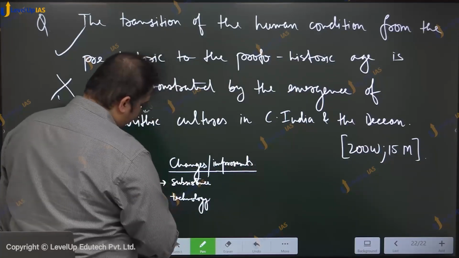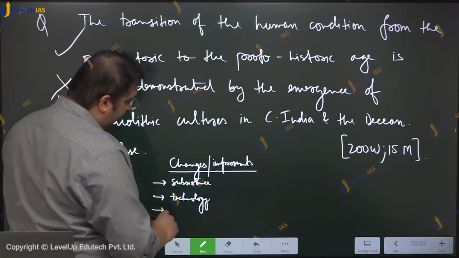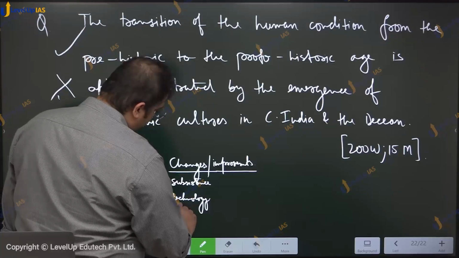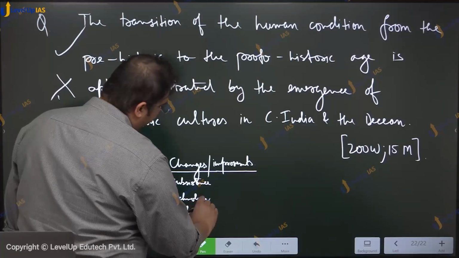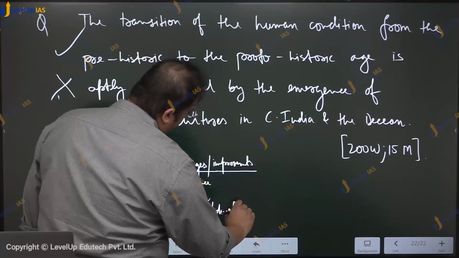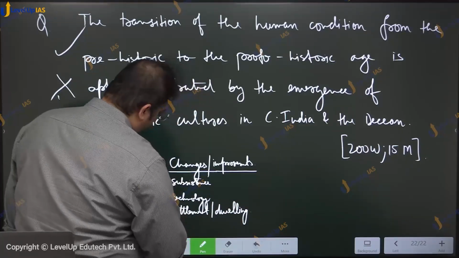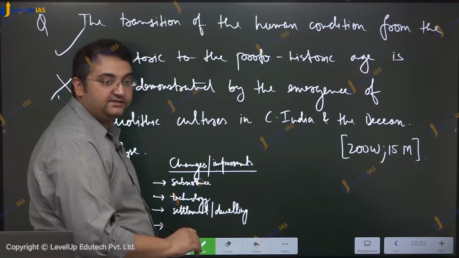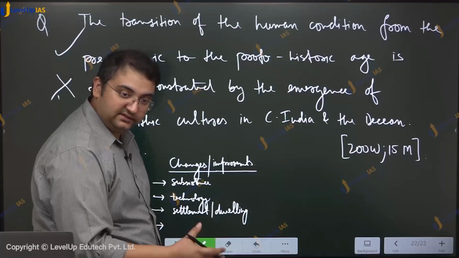You'll have to showcase changes in the settlement and dwelling pattern. You'll have to show changing complexity of social, economic, and political structures.